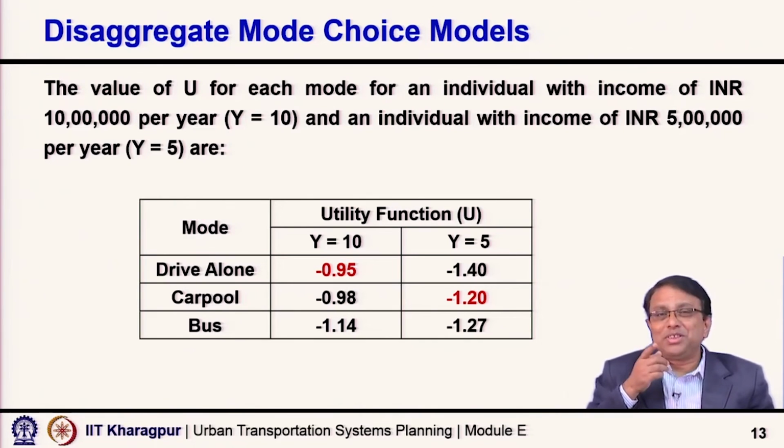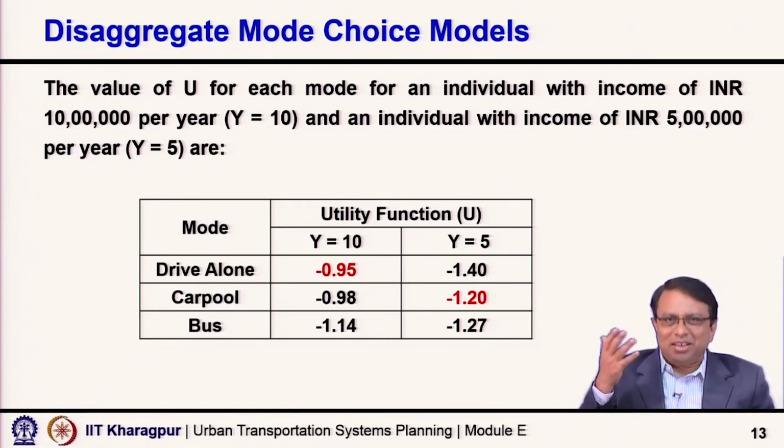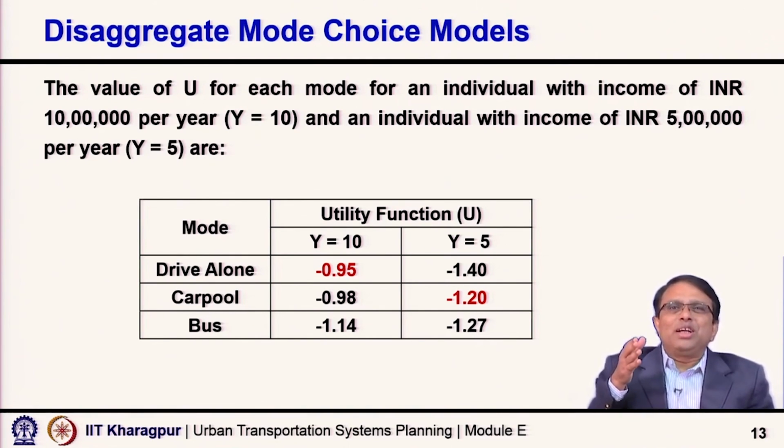So, it shows, interestingly, that if such utility functions are there and you apply the utility maximization principle, you can evaluate different alternatives in terms of their utility for this individual under the given circumstances, and then accordingly you can say which is to be chosen or which is to be accepted, right.